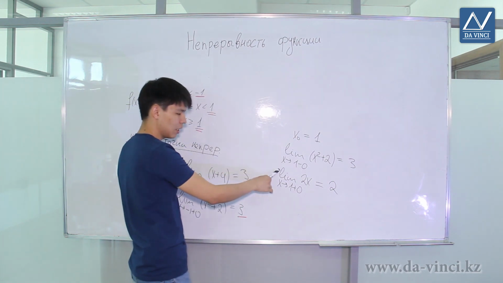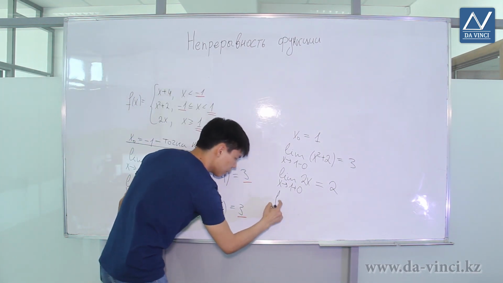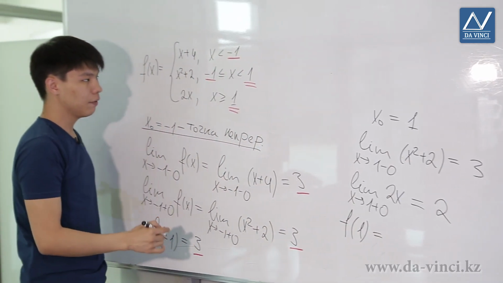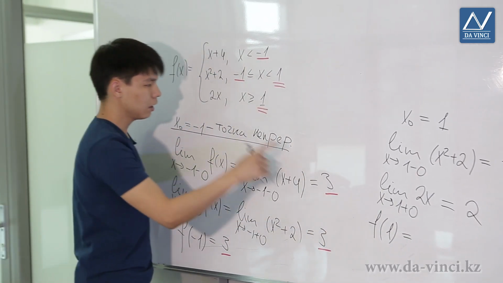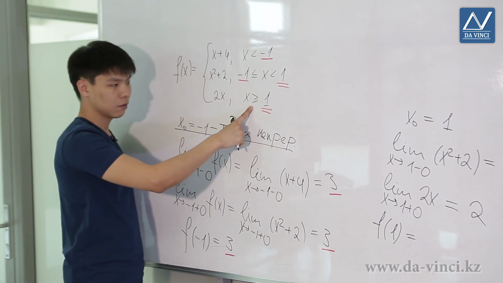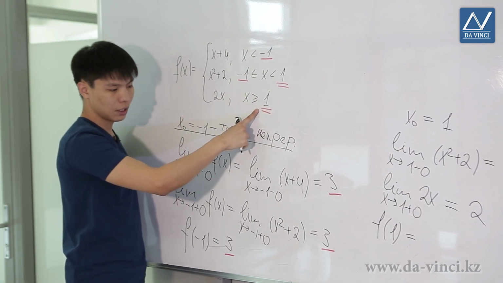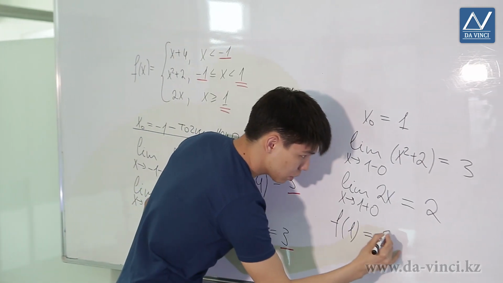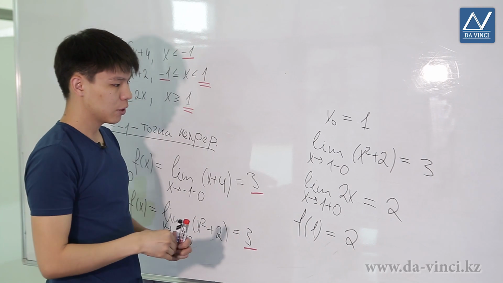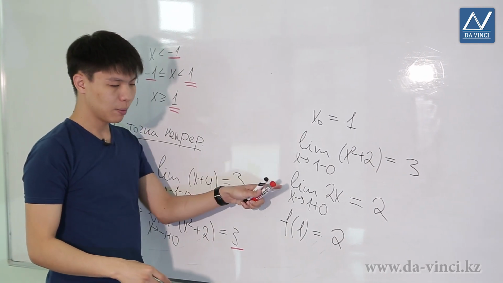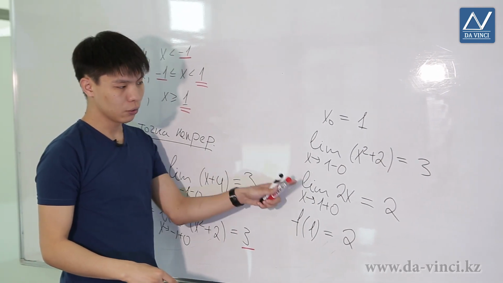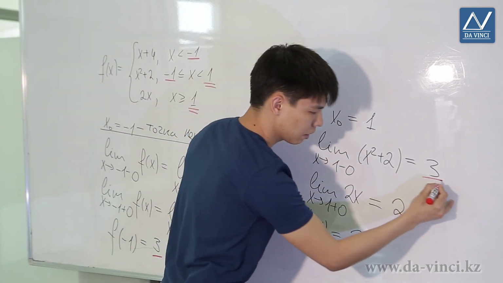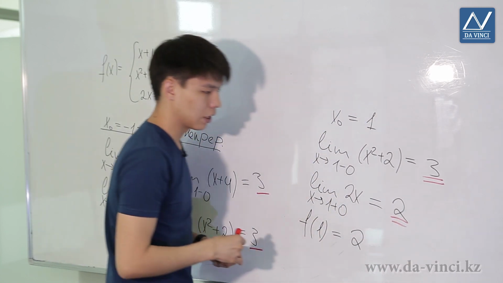We have calculated the left limit and the right limit. It remains to calculate the value of the function itself at this point, f at point 1. f at point 1 is determined using this function, because x equal to 1 enters this interval. 2x is just 2. Thus, it turned out that the left and right limits exist, are finite, and the function is defined at this point, but the left and right limits don't match.